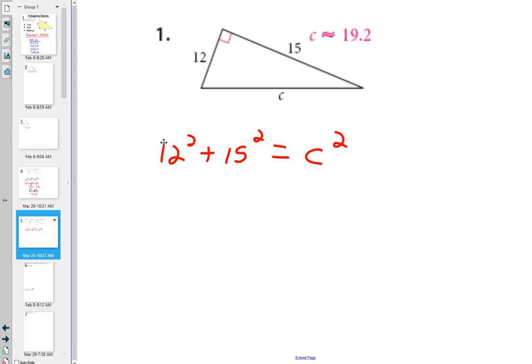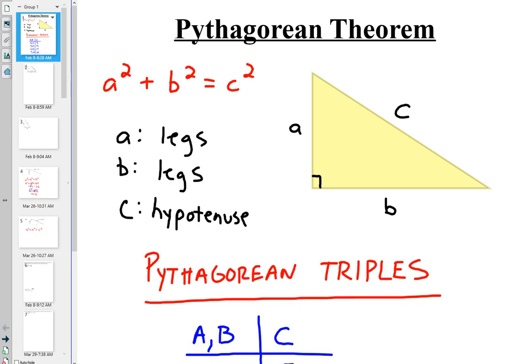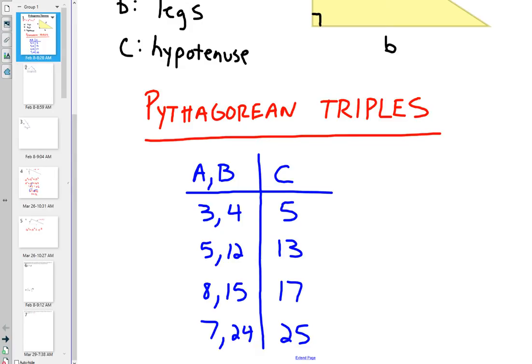Something else I'd like to point out to you: do you remember our Pythagorean triples? One of the Pythagorean triples was 5, 12, 13.